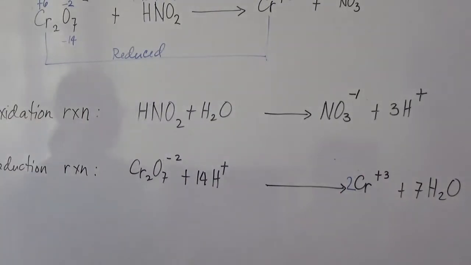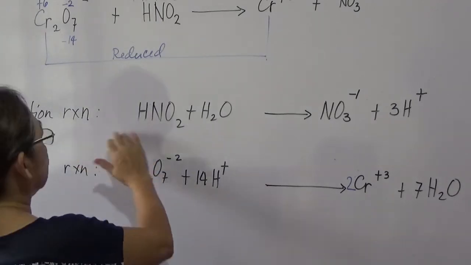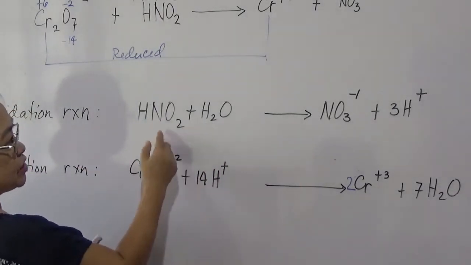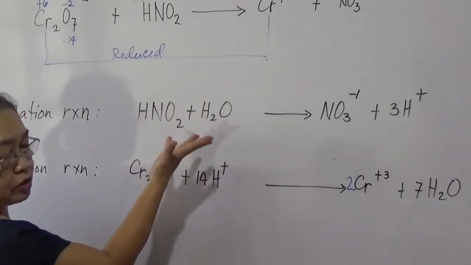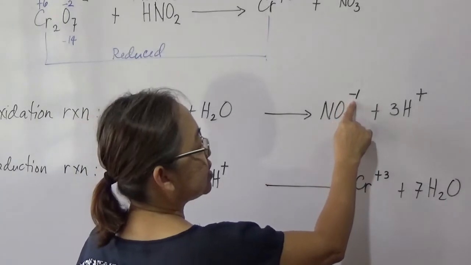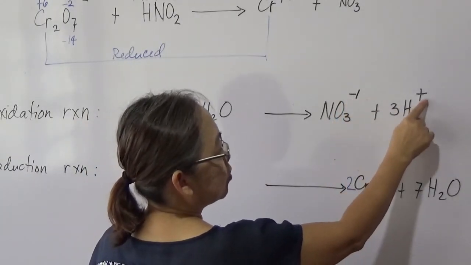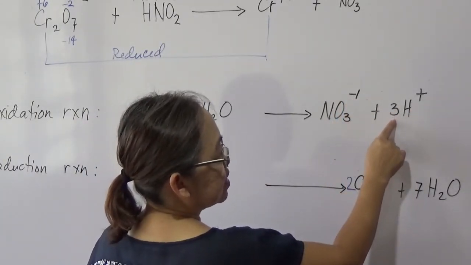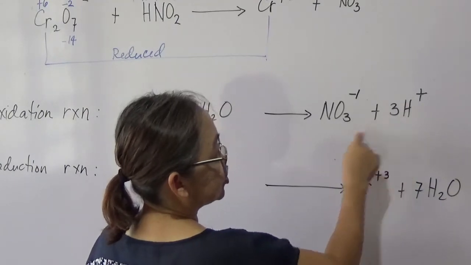Okay? Once you're done with that one, you have balanced the oxygen, you have balanced the hydrogen. Next, the next thing that you're going to balance is the charges. So under oxidation reaction, in the reactant side, it's all neutral, so no charge. On the product side, you have here -1 and you have +1, then 3 atoms of hydrogen.